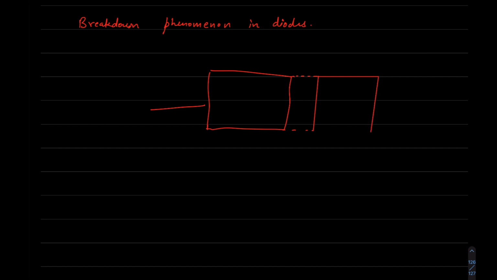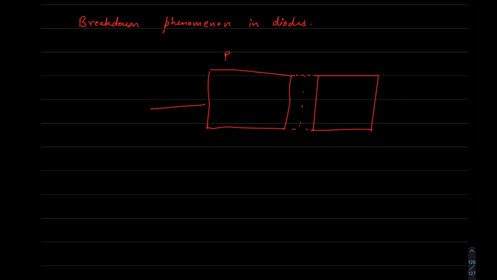I'm sorry for that bad line again. P, N, plus, minus. So this is forward, our breakdown happens in reverse voltage. N is positive, P is negative. So this would be reverse bias.